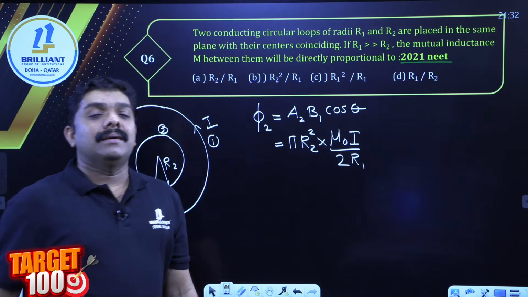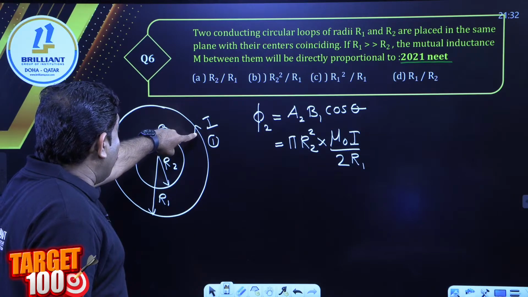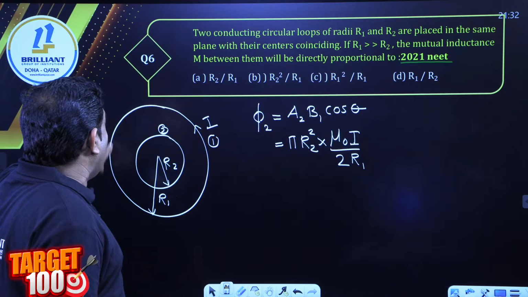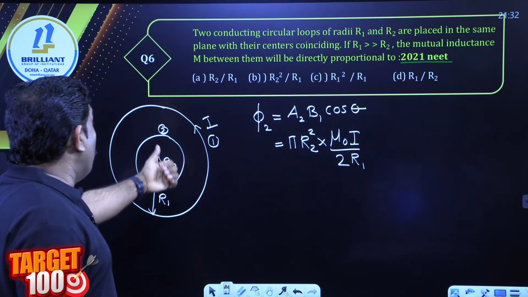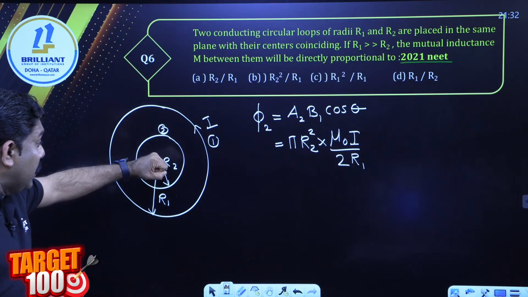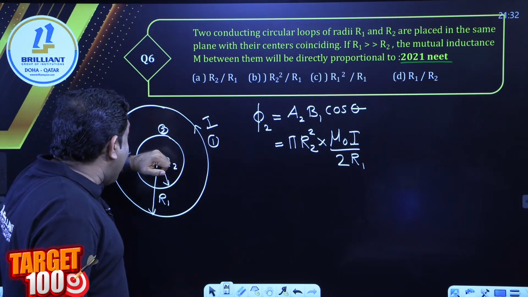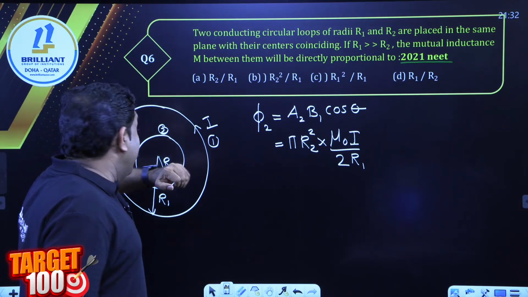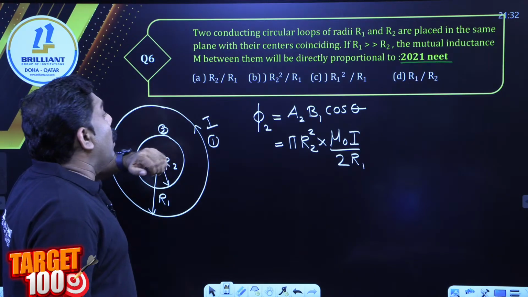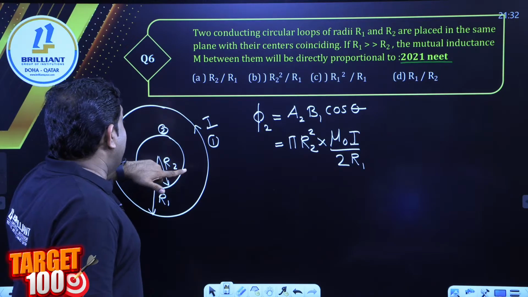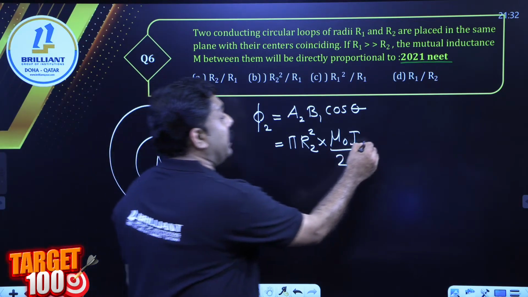Now what is the angle? Here I marked the area, and the current flows anti-clockwise. If current flows anti-clockwise, we know the magnetic field is directed outward. The area vector is also outward, so the field and area vector are in the same direction.